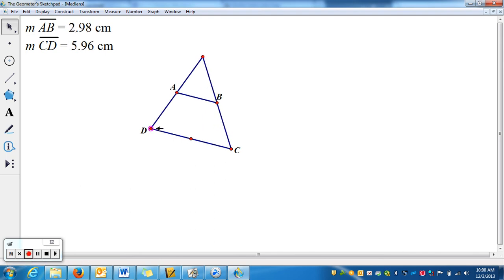Moving around. There you go. You see that the midsegment is half the length of DC. And I could draw the other midsegments here, and that would be true. Now notice that these two are parallel to each other. The midsegment and the side are parallel.